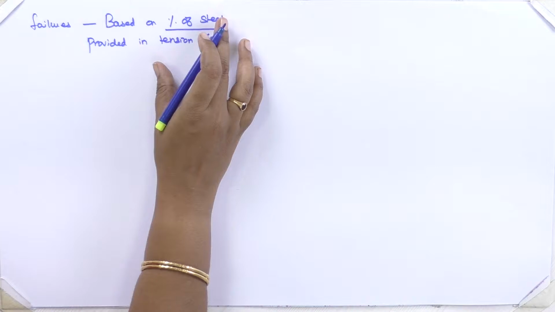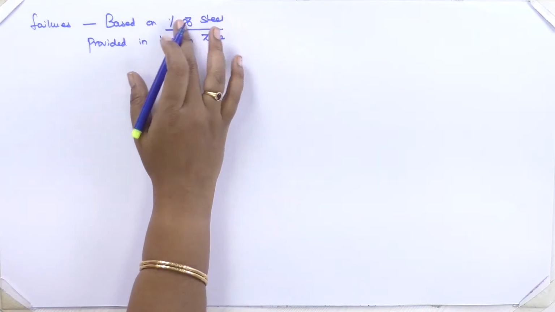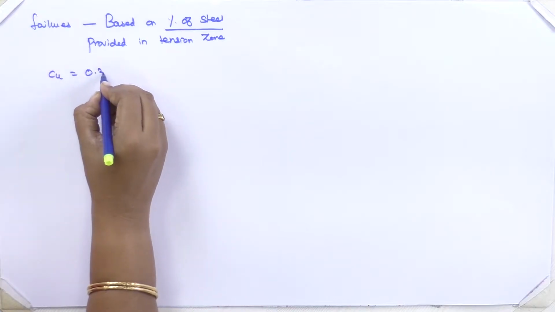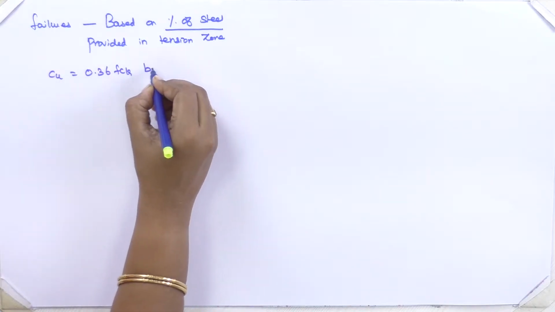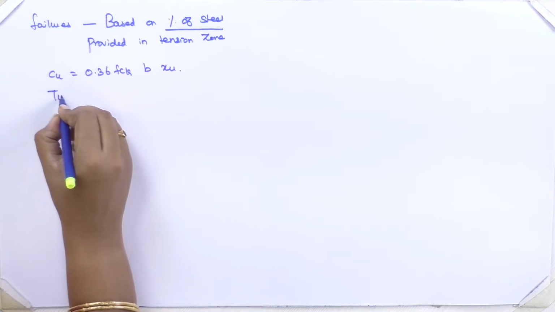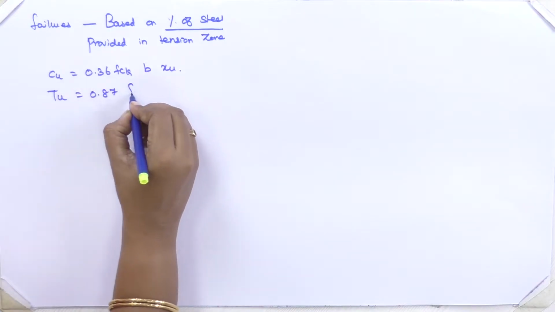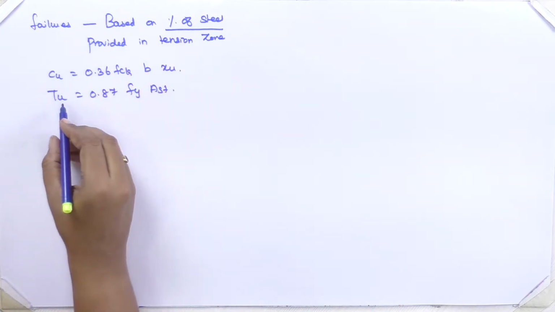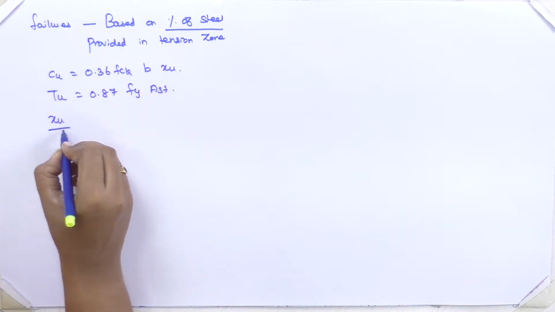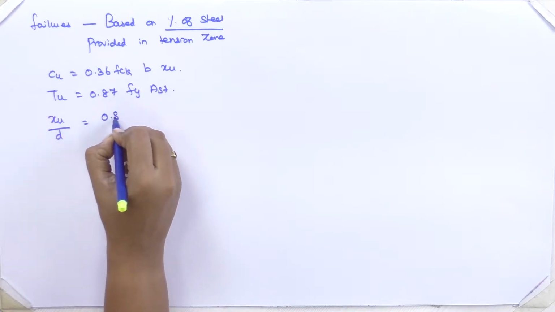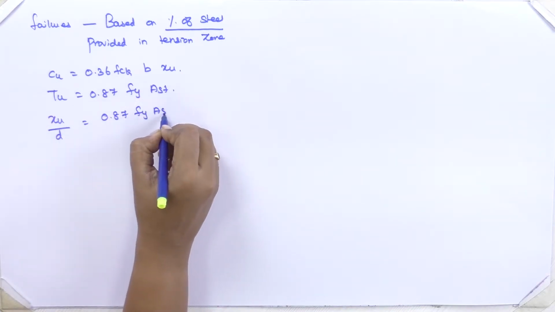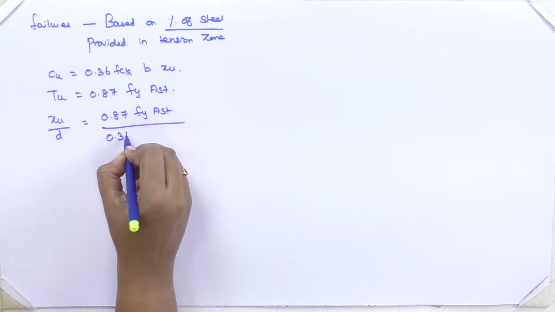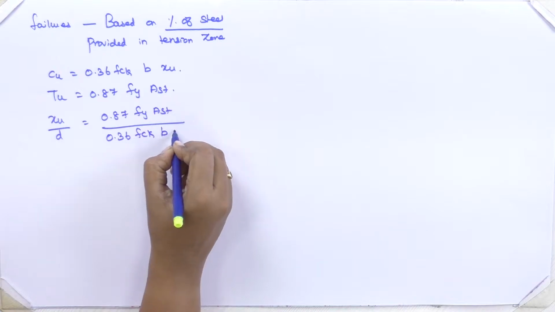How to calculate Xu max by d from this percentage of reinforcement? We know the formula 0.36 fck b Xu, that is Tu, is equal to 0.87 fy Ast. From this you can write Xu by d is equal to 0.87 fy Ast divided by 0.36 fck b into d.